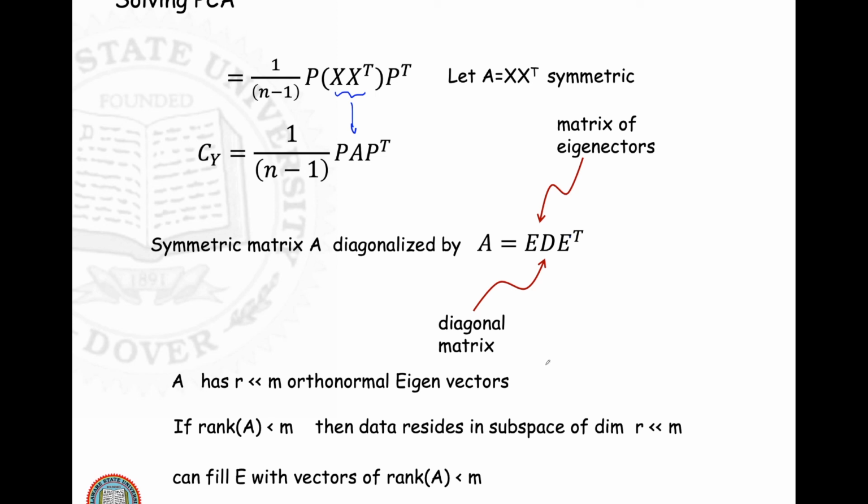And so one of the things we can do is fill in our matrix of eigenvectors with orthonormal basis vectors of a rank such that A's rank is less than our original dimensionality. So not only can we diagonalize, we can also reduce the dimension with this PCA approach.